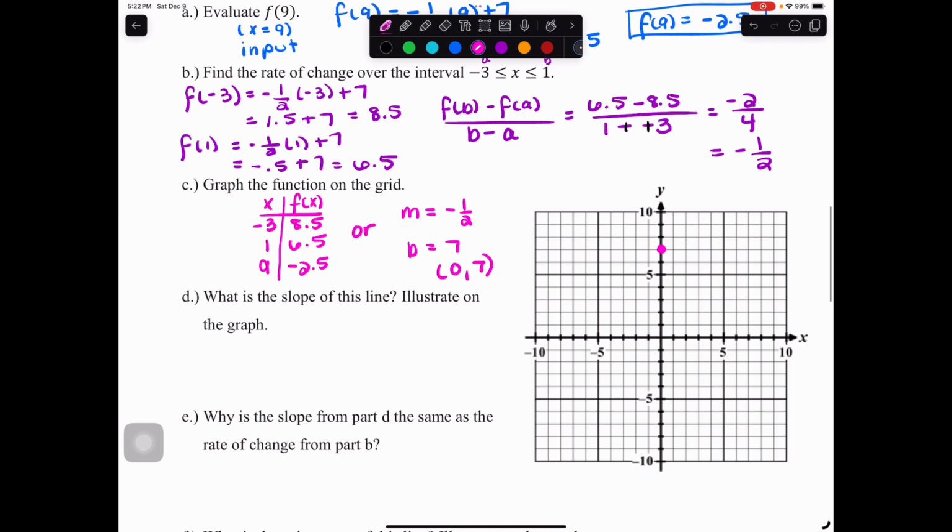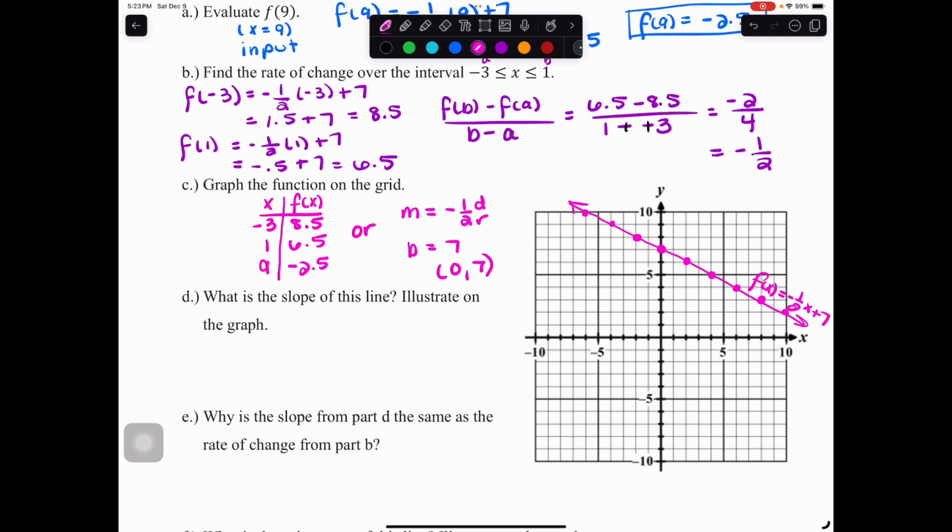If my slope's negative 1/2, we're going down and right: down 1 to the right 2, like so. Or again, you could just plot the coordinates that you already found as solutions. We are going to connect arrows on both ends and label with f of x equals negative 1/2 x plus 7.